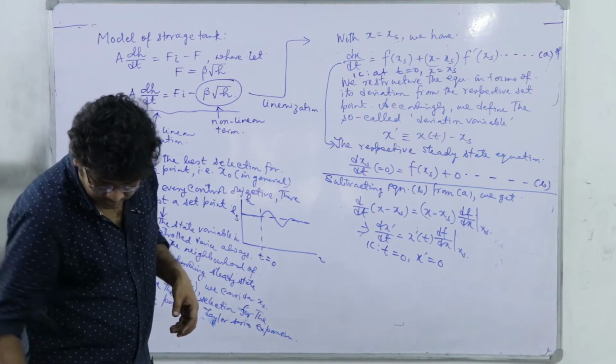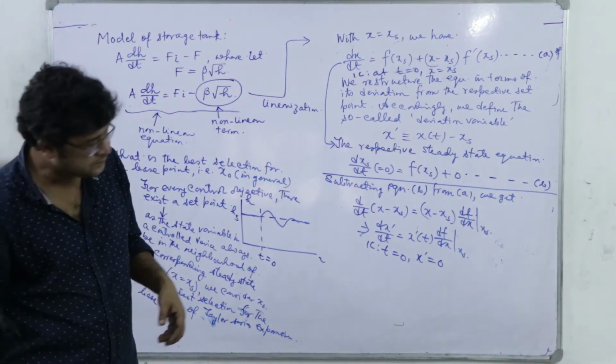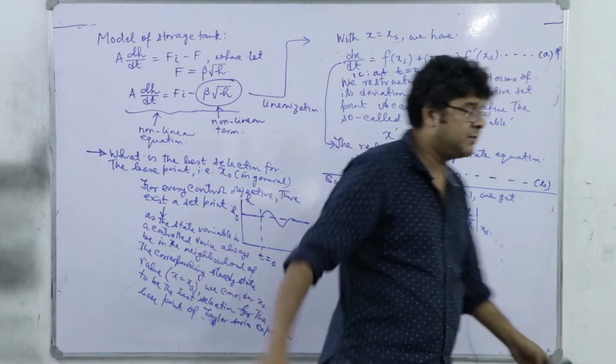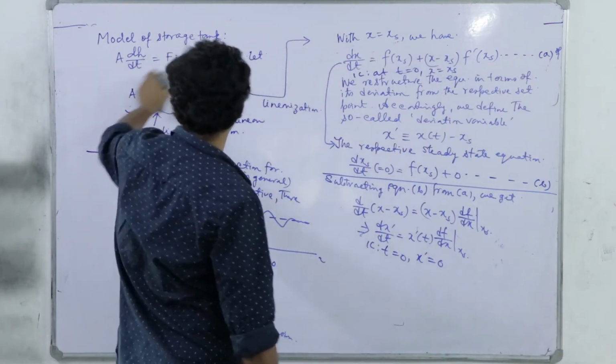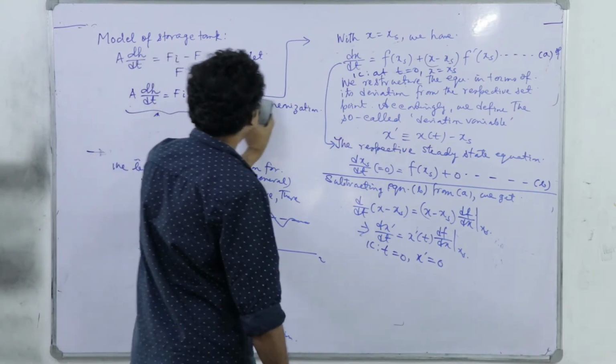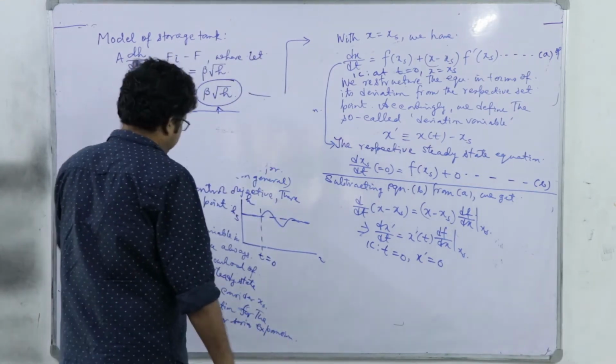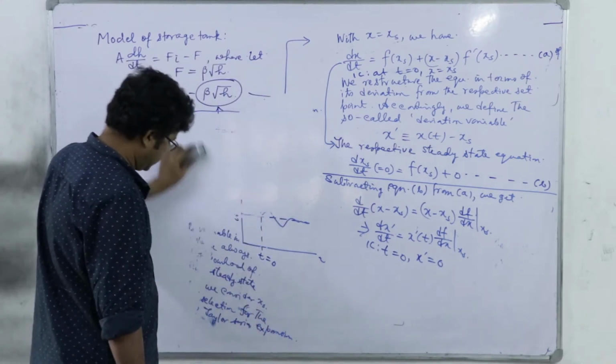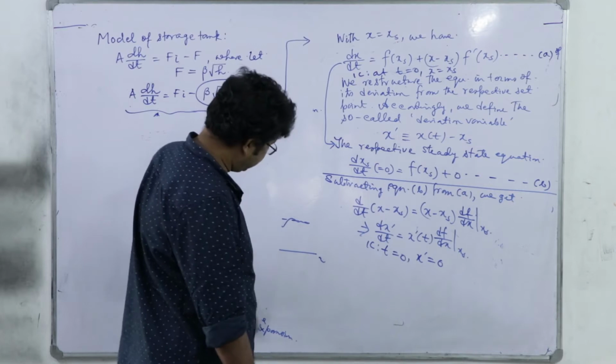Okay? So with that understanding, if I now look at a specific equation like the one we cited initially, what will be the respective form of that linearized equation in terms of its deviation variable? So let's solve it out.